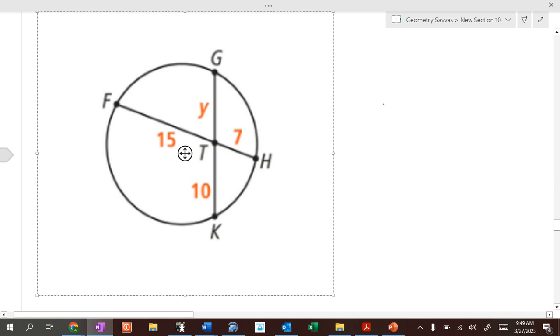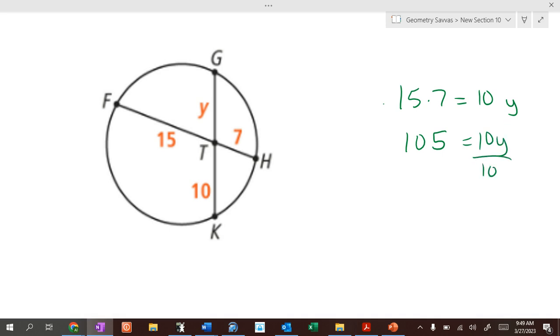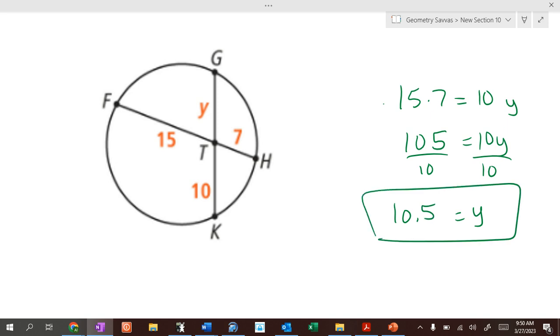So Davin, how do we figure out y? 15 times 7. 7 times 5 is 35. Carry the 3, it's 105 equals 10y. Divide by 10. Y equals 10.5. Okay. So where they cross inside, you just say this times this equals this times this.